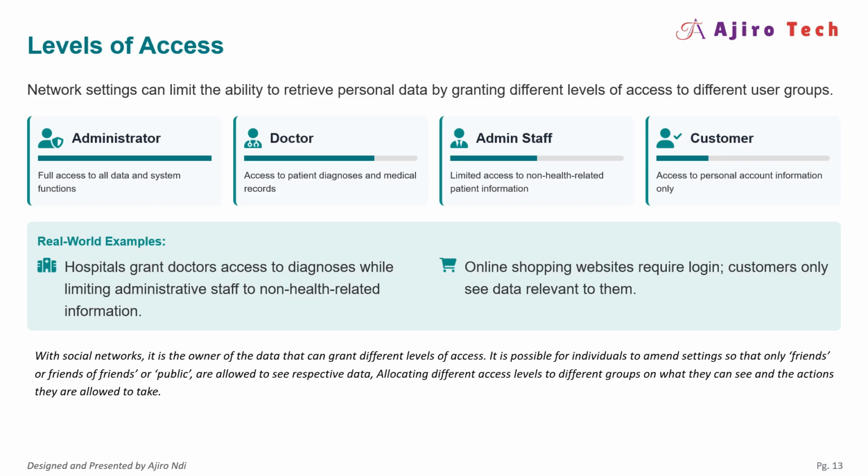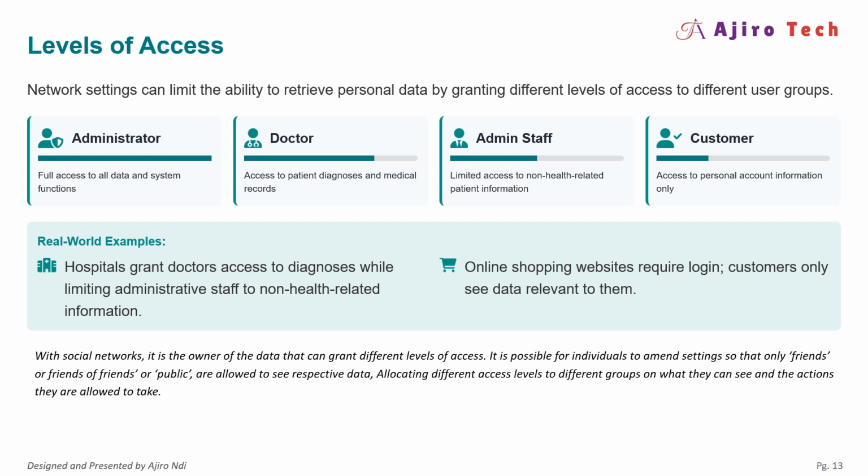Now we've talked about hospital, we've talked about online shopping, let's talk about social networking sites. In social networking sites, we have levels of access. The owner of that data can grant different levels of access. When the person posts information, who gets to access what? It is possible for the individual to amend settings so that only friends are allowed to see their data, or they could allow both friends and friends of friends to see their data.